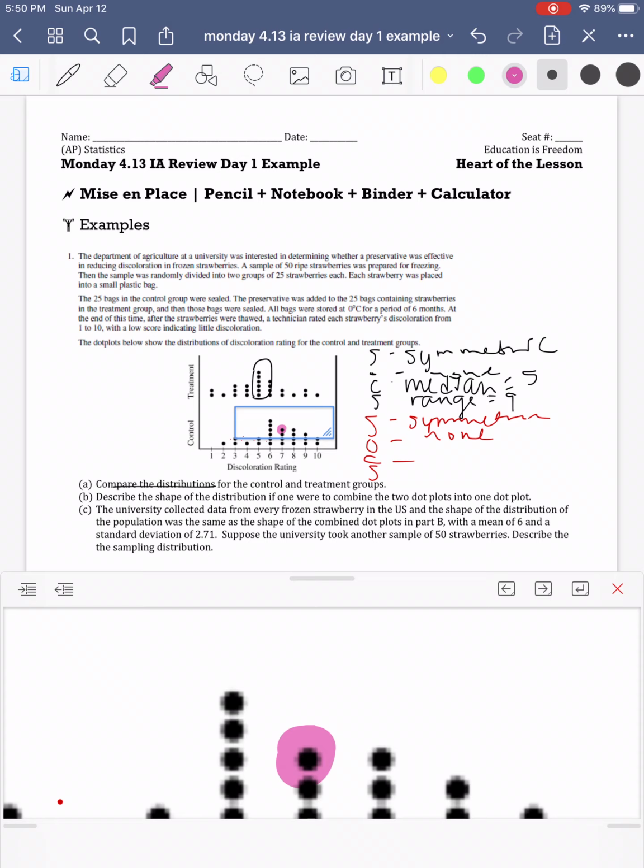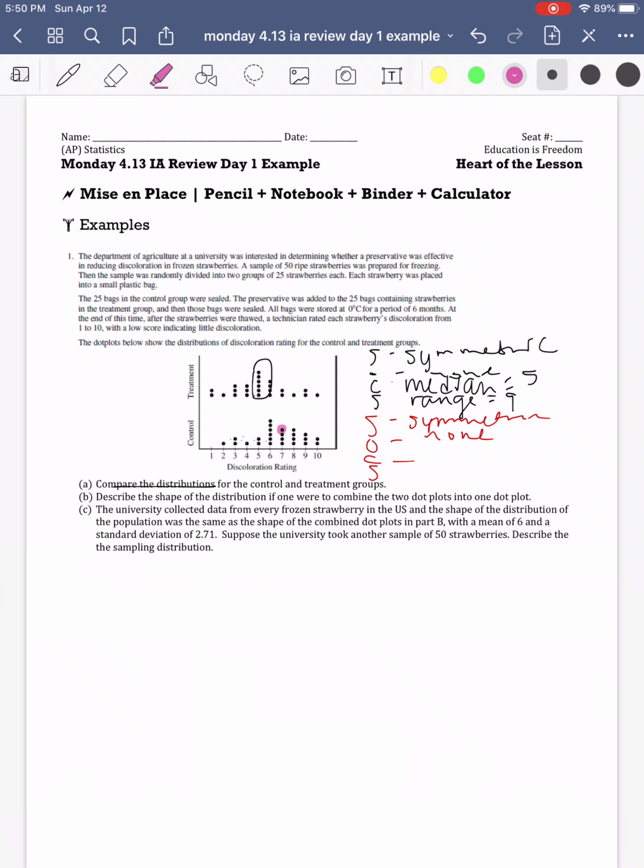So this dot right here. So that is the 13th dot. So that is going to be our median. So our median here is actually equal to 7. And then our range is also going to be 9.